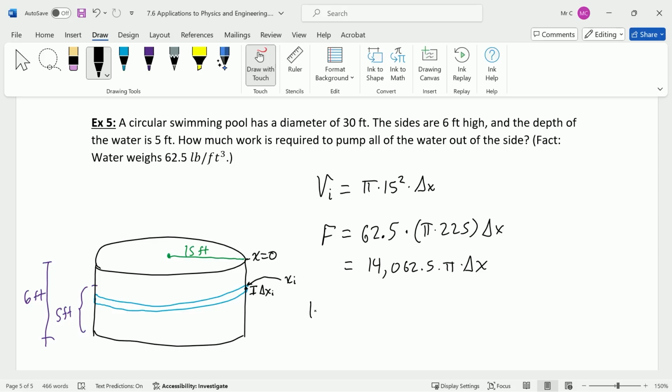Okay, so now our work for each subinterval is this whole thing: 14,062.5 times pi times delta x times the distance that portion of the water had to be lifted out of the pool, which is the x sub i.